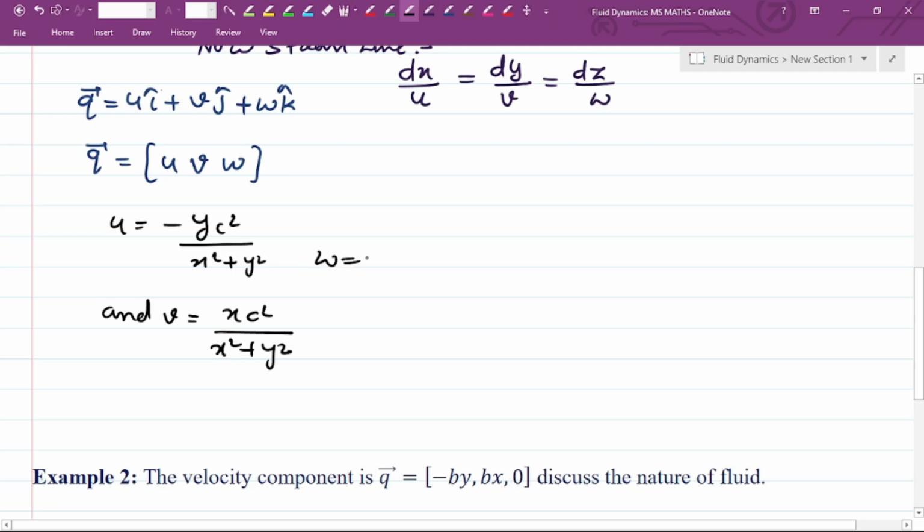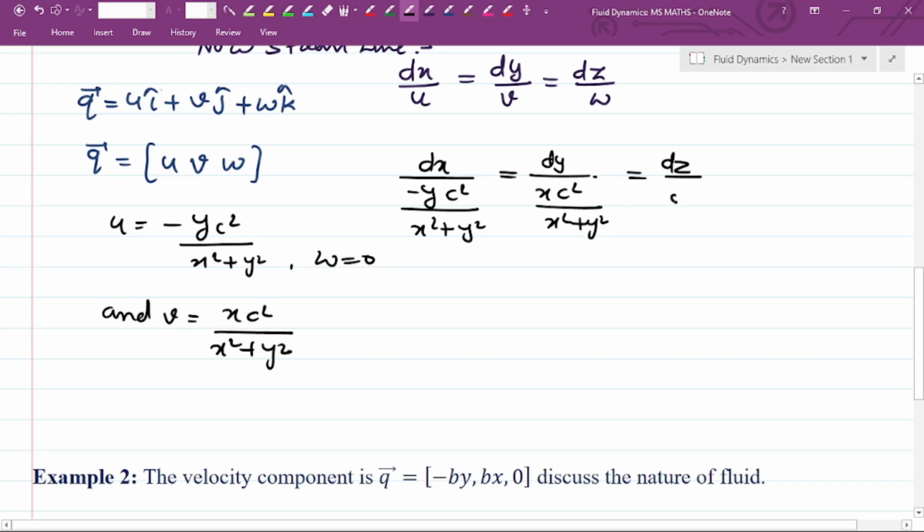Then w is equal to 0. So we'll put all these values. So we'll get dx over minus y c square upon x square plus y square is equal to dy over x c square upon x square plus y square and dz over 0.